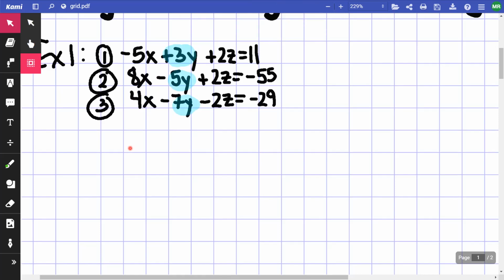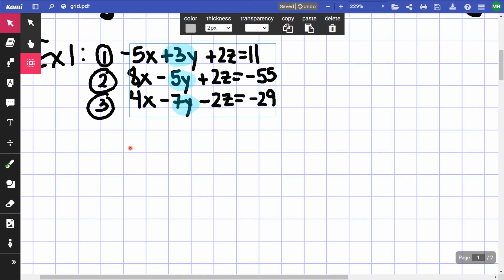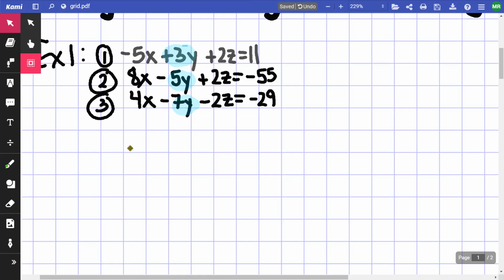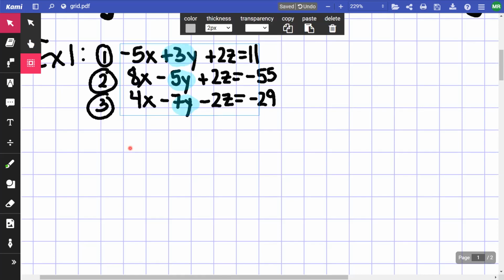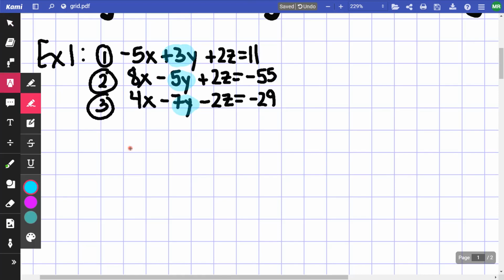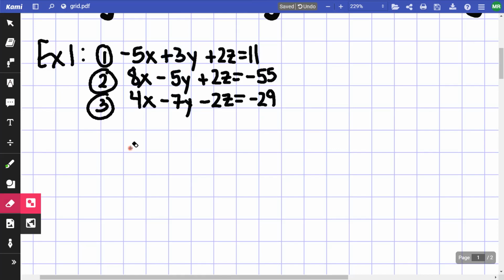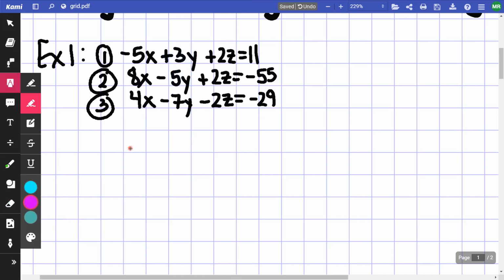But if I'm looking at my z's, those ones look nice because I have a positive 2z, a positive 2z, and a negative 2z. So I can easily do this.